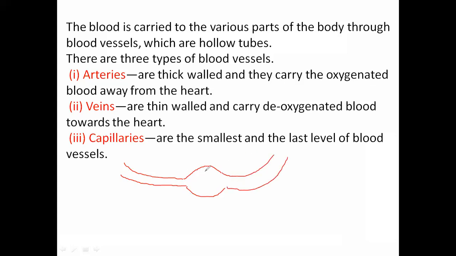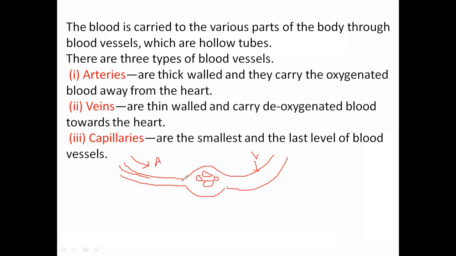These are the ultimate capillaries, and these are veins. The oxygenated blood from the heart comes through these arteries, and here the capillaries absorb from this oxygenated blood.